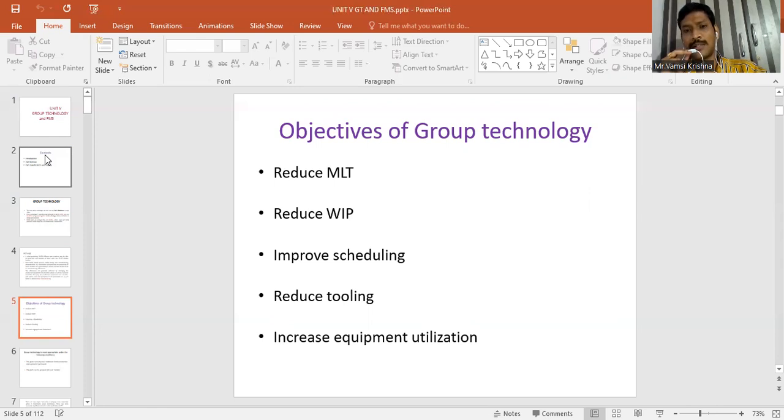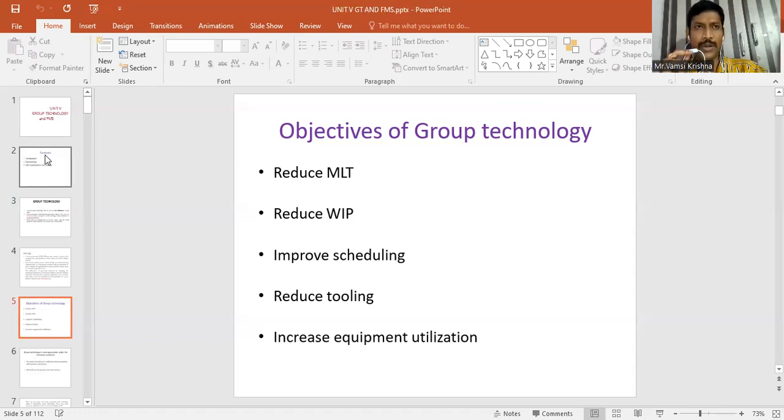In order to avoid that, we will arrange work pallets where already machined components or semi-finished products done on the first workstation will be ready to be delivered onto the second workstation, so that the second workstation will be loaded with the product from the first workstation. This is how we can reduce the work in process in group technology.